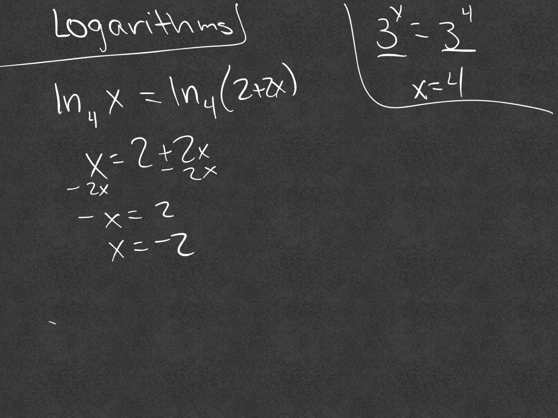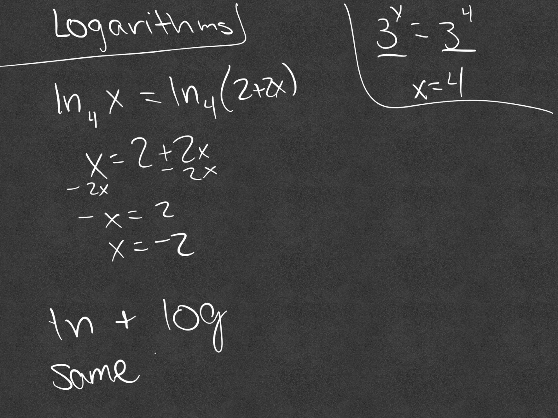Now that works for natural log and the common log, which is that regular log that you see. So if they have the same base, they can cancel just as you would with those exponentials.